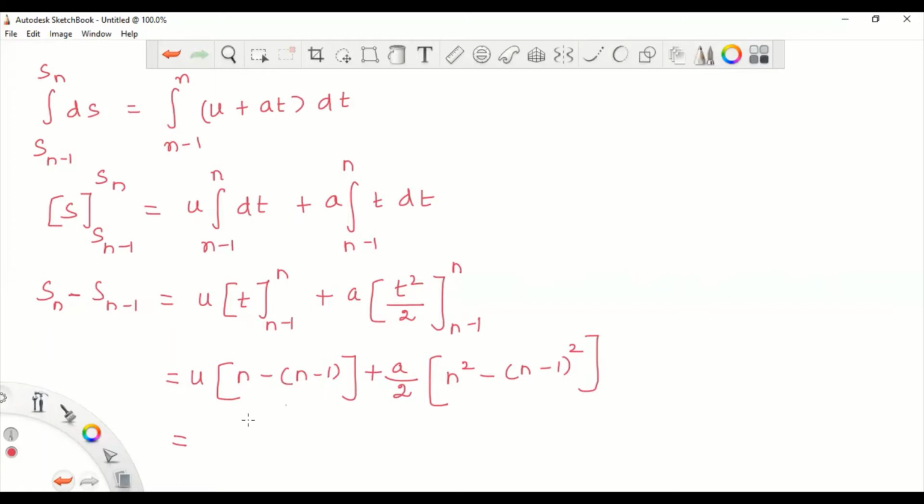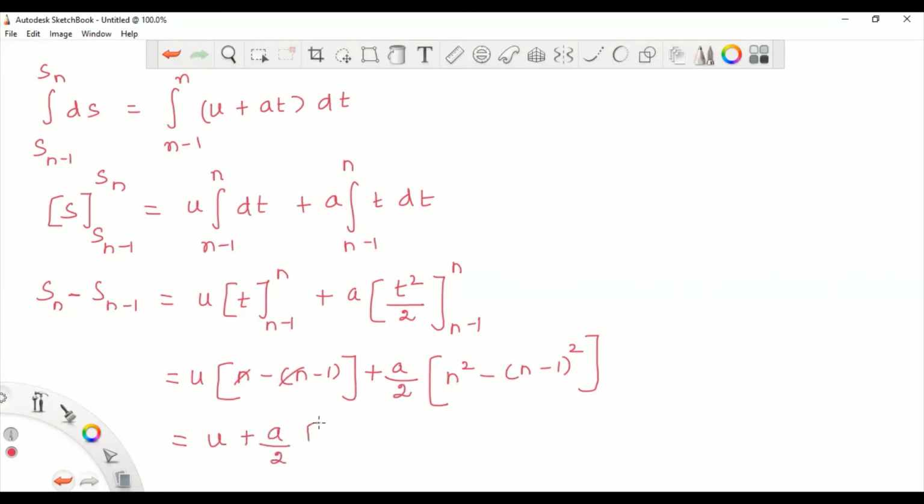You will get only plus 1 alone here, right? So n minus n, when these two get cancelled, minus of minus plus 1. So 1 into u is u. So you can write it as u here, children. So then what else you have? A by 2.